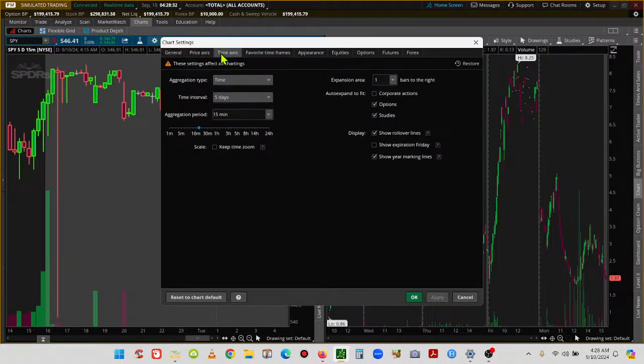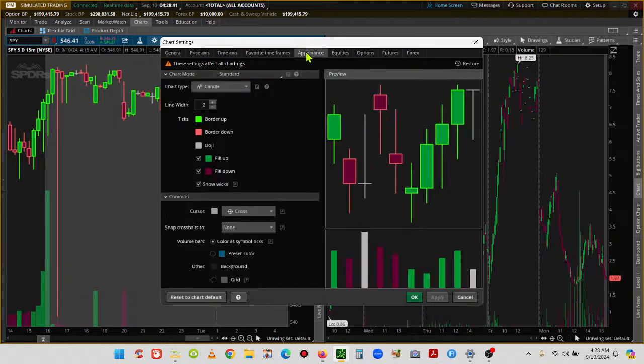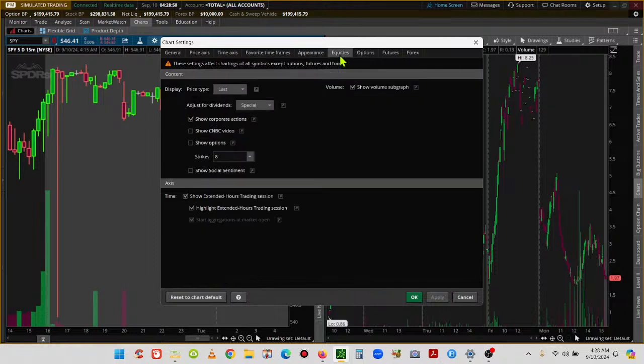So the important thing to look at is your expansion area. Okay, your appearance. This is how I have my appearance set up, and it's just the colors. Let's see if I can find anything important that will matter. I just have it set up basically, and I removed everything that the other chart had, that when I opened it up, it had all kinds of junk on it.